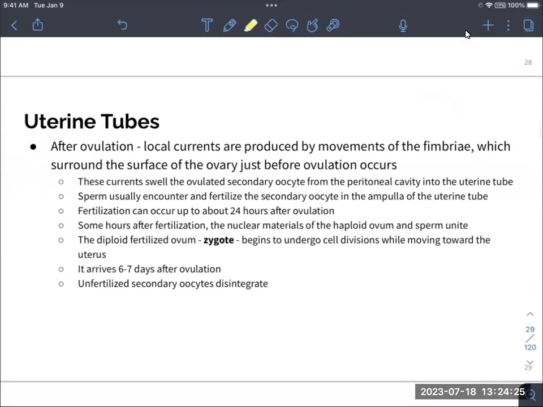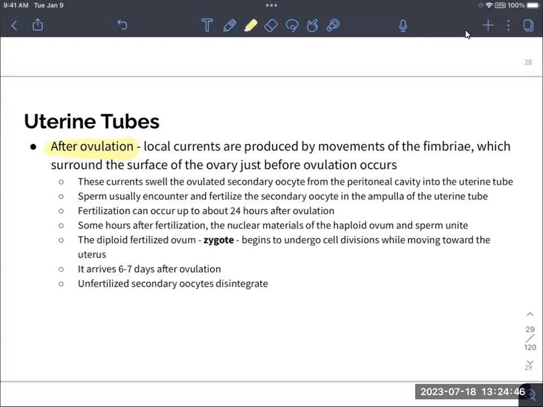So after ovulation has occurred, those fimbriae provide this movement that helps to draw this oocyte into those uterine tubes.